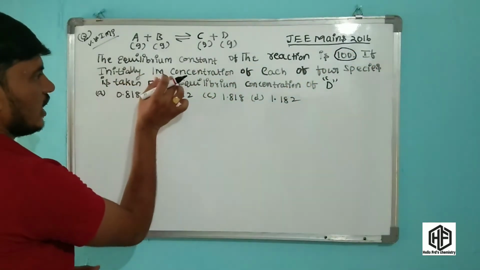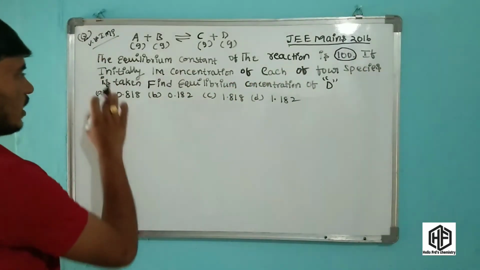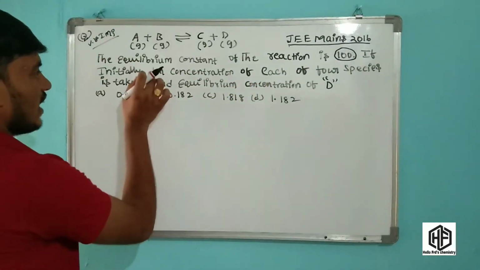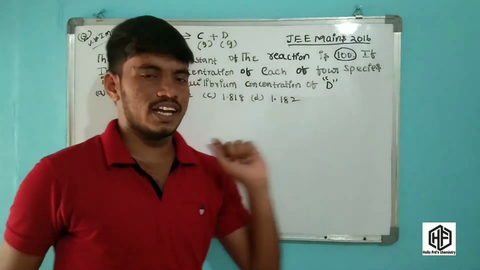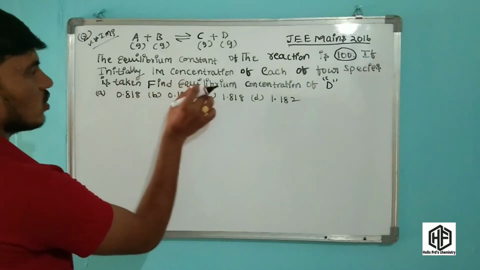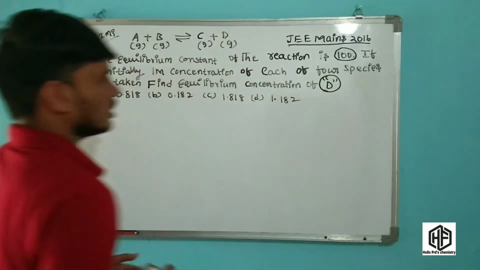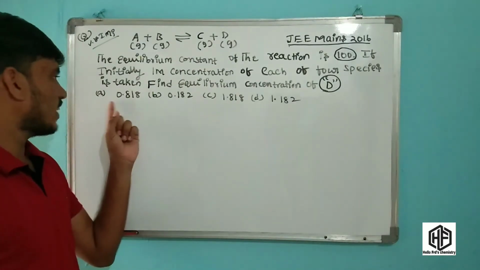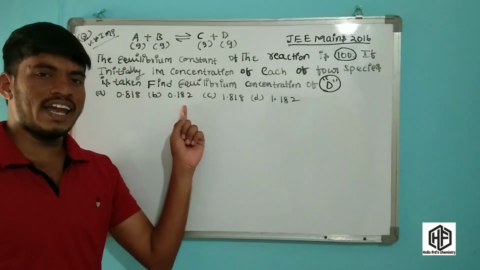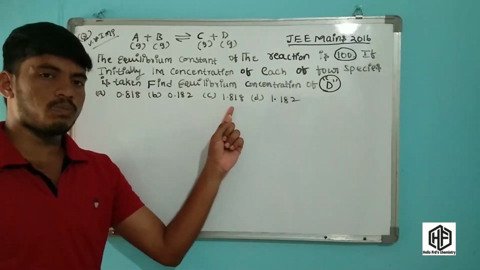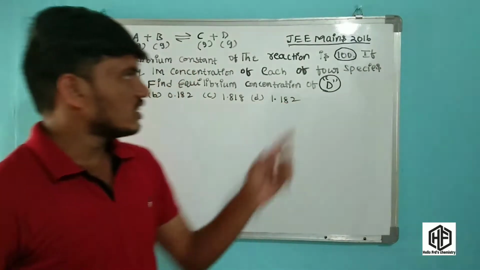If initially 1 molar concentration of each of the 4 species is taken, find out the equilibrium concentration of D. The 4 options are present. First option is A is 0.818 and B is 0.182 and C is 1.818 and D is 1.182. These are the options.